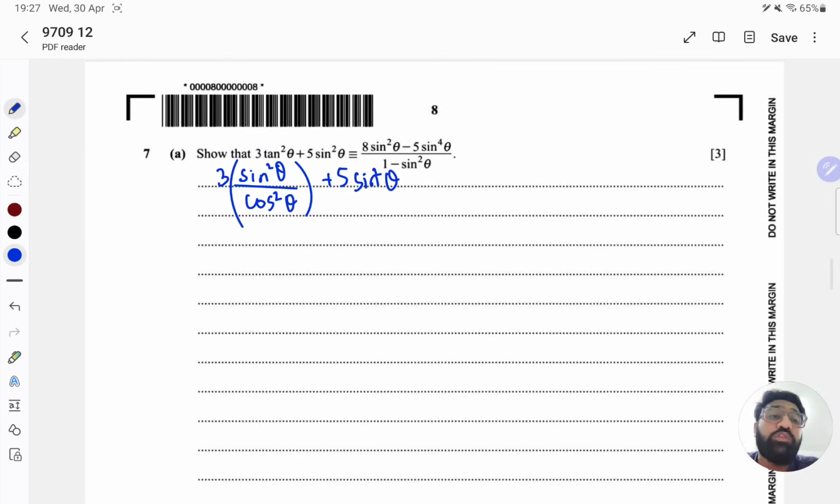We are supposed to prove the left hand side that we have chosen equal to the right hand side. So if I simplify, I can see that on the right hand side I don't have any cos. So what I will do is convert the cos square theta into sin square theta. So it will become 3 sin square theta divided by 1 minus sin square theta plus 5 sin square theta.